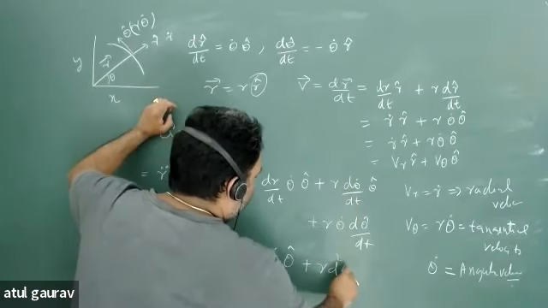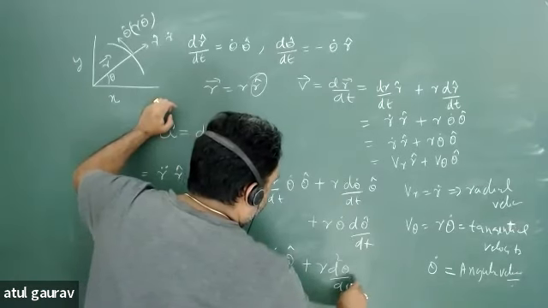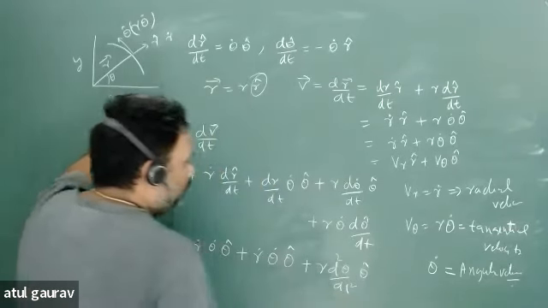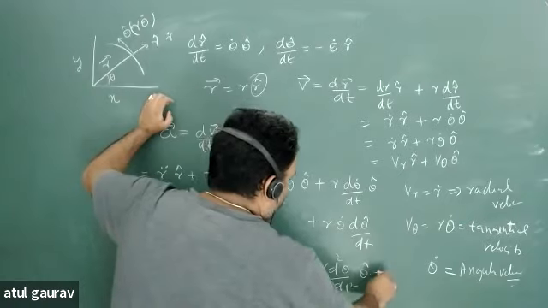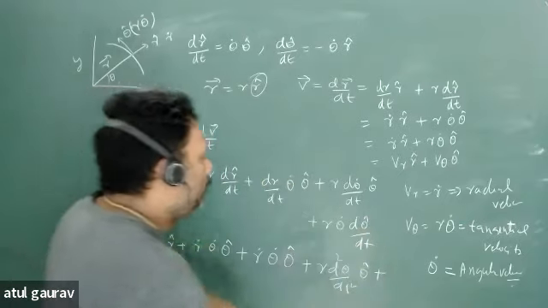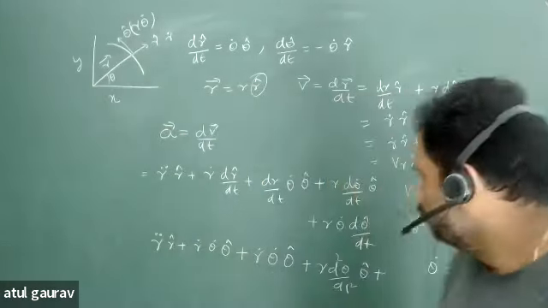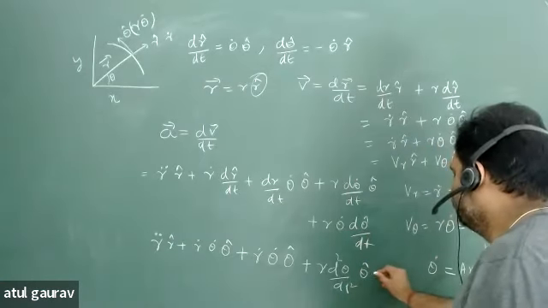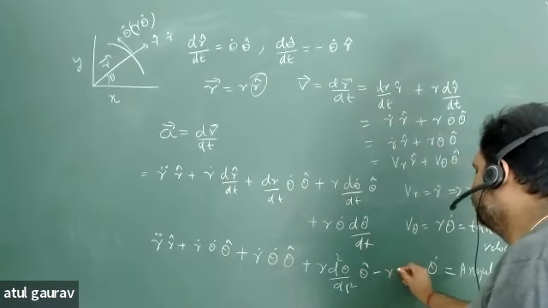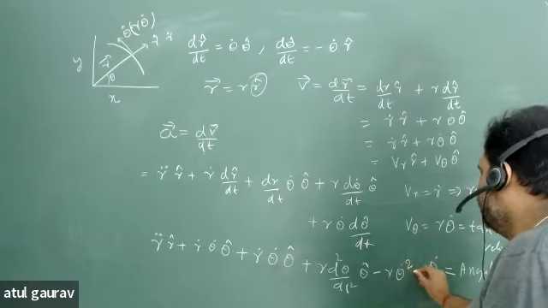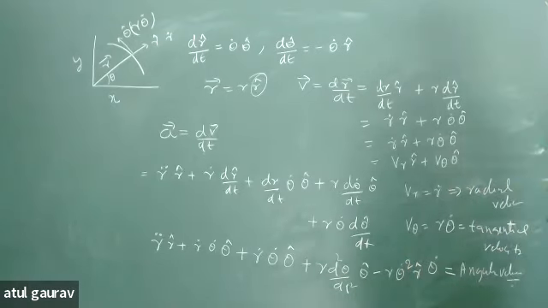R d square theta upon dt square in the theta cap direction, plus what will be d theta cap upon dt? Minus theta dot r cap. Exactly, that is minus r theta dot square in which direction? R cap direction, isn't it?